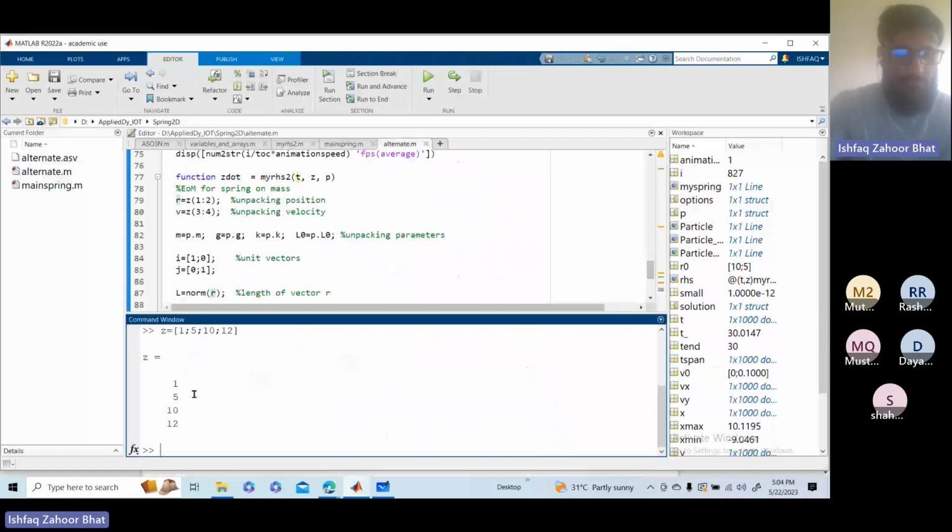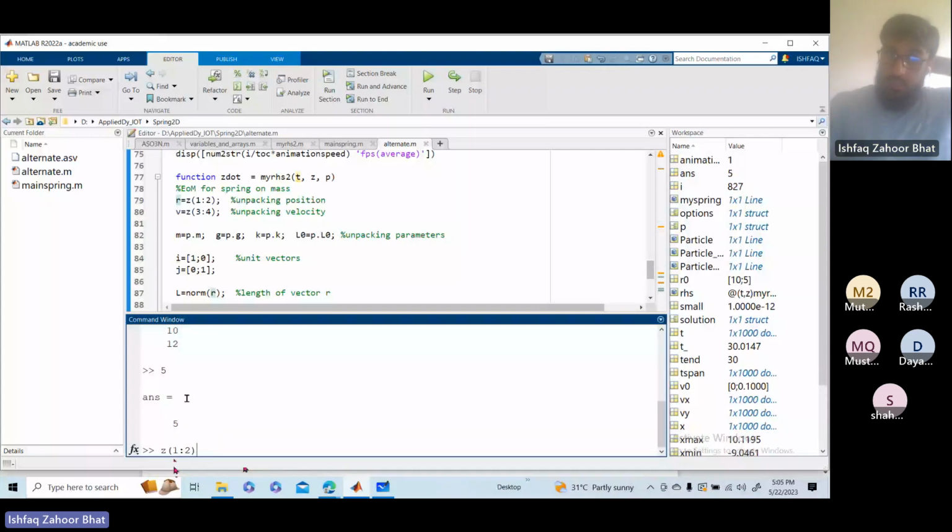So if I use Z of 1:2, what will this give me? This will return me the first and the second row element. I will enter. So what I have got, where is it?